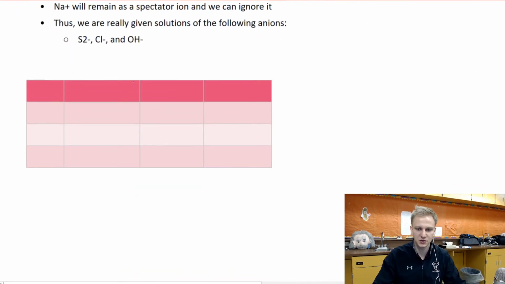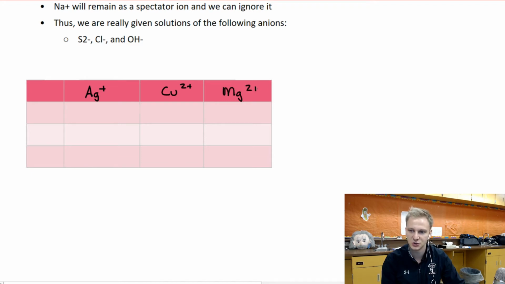And so what we're going to do is we're going to set up a chart and basically allow us to predict what precipitates will be present. So the ions that we have that we want to pull out were the Ag+, the Cu2+, and the Mg2+. Those are all of the ions that we want to pull out.